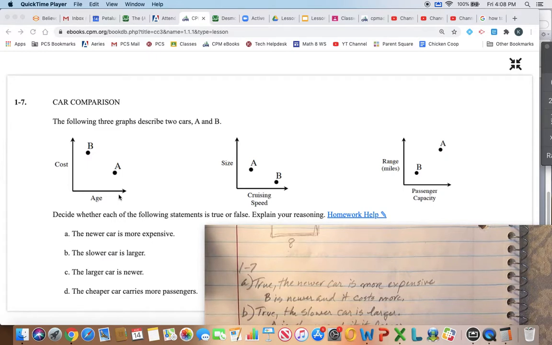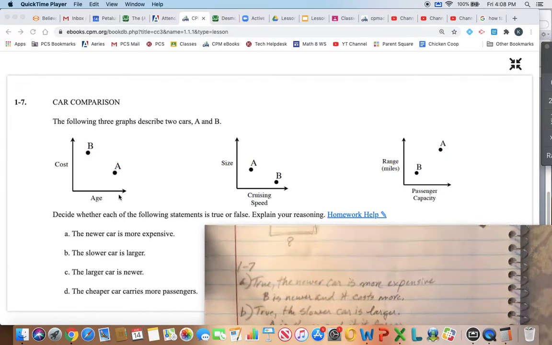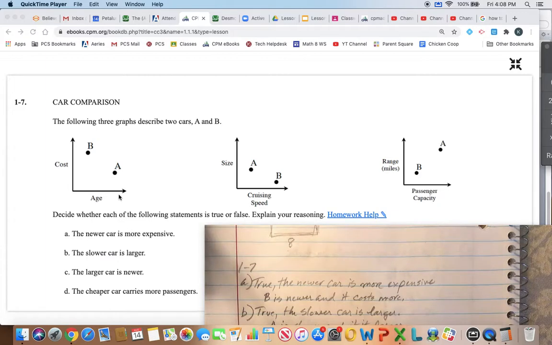And that is, it's false that the larger car is newer. And that's because A is the larger car, but it's older.